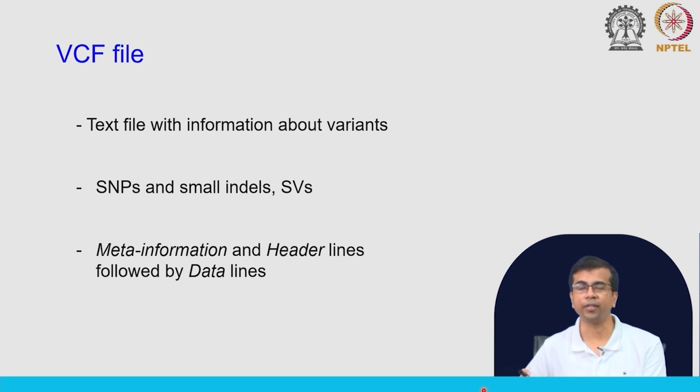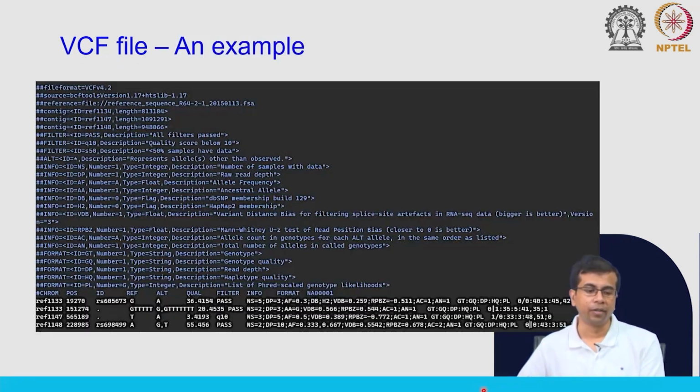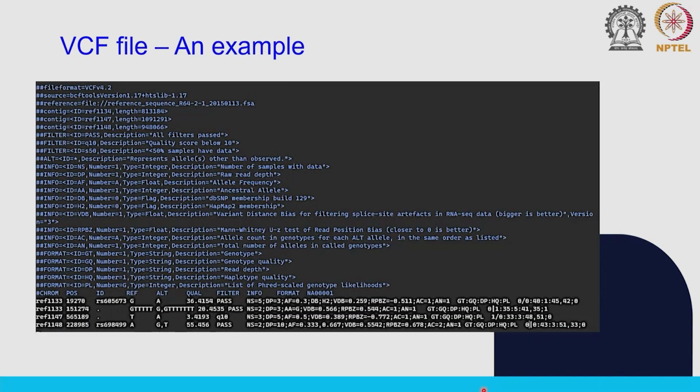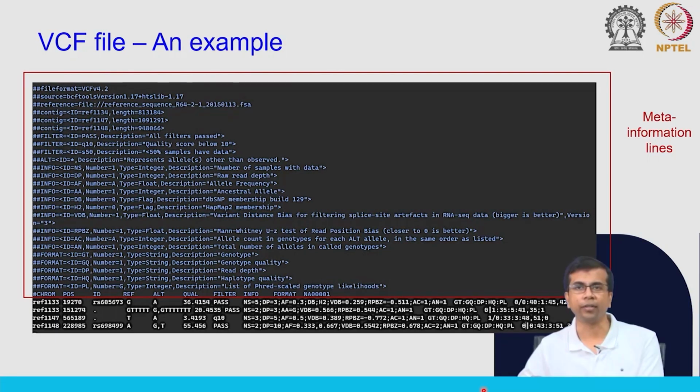You can imagine this is like a SAM file we have discussed. In a SAM file you have header lines, then the alignment lines, and similarly a VCF file is also formatted like this. Here is an example of a VCF file, and in the first part you can see the meta information lines in blue. You have a lot of information there, and we will discuss what these meta information lines actually contain.